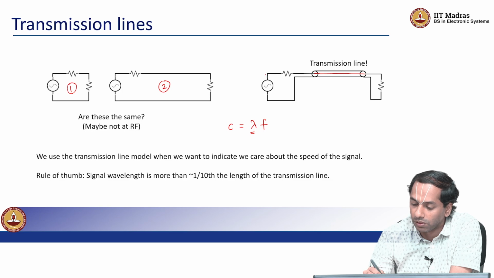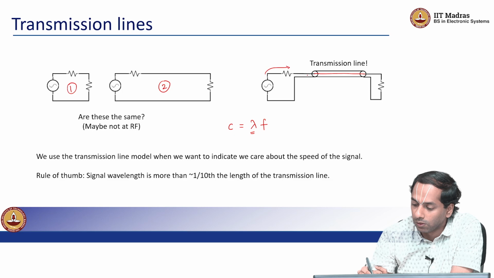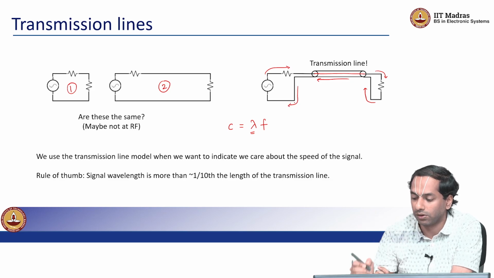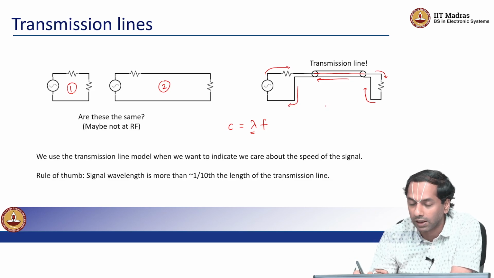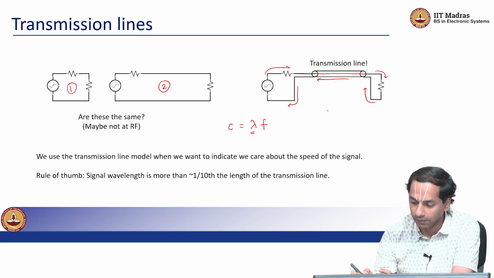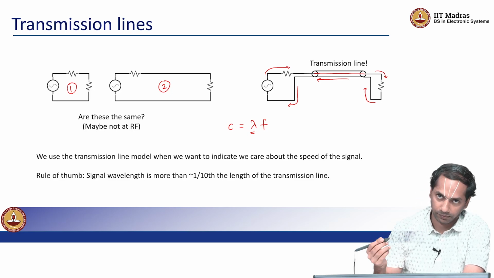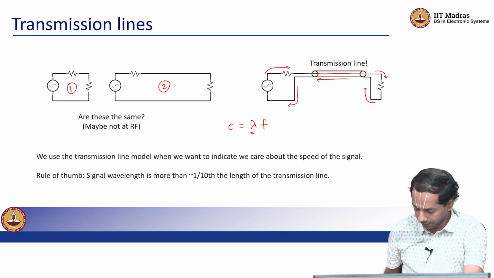When this voltage source is trying to drive a current through this circuit, it follows the central conductor to the load, and the return current from the load comes back through the outer cylinder and back to the source. So, I need 2 wires to essentially take current to the load and bring it back from the load. These 2 conductors in conjunction are called a transmission line.